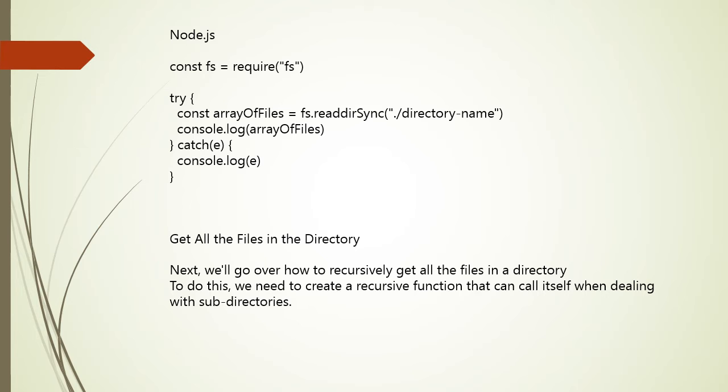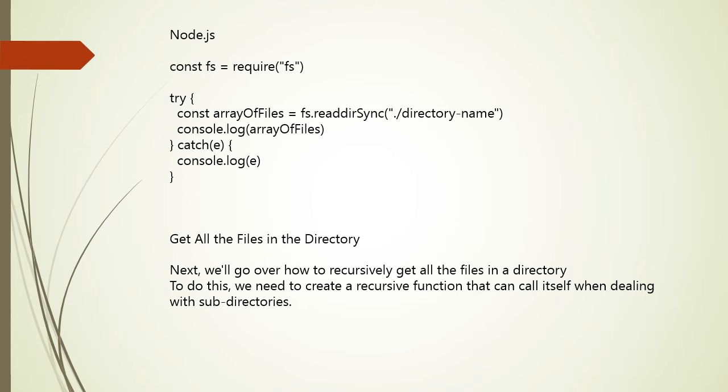So what if our directory has subdirectories that have files we want to include in our list? So, get all the files in the directory. We will go over how to recursively get all the files in a directory.